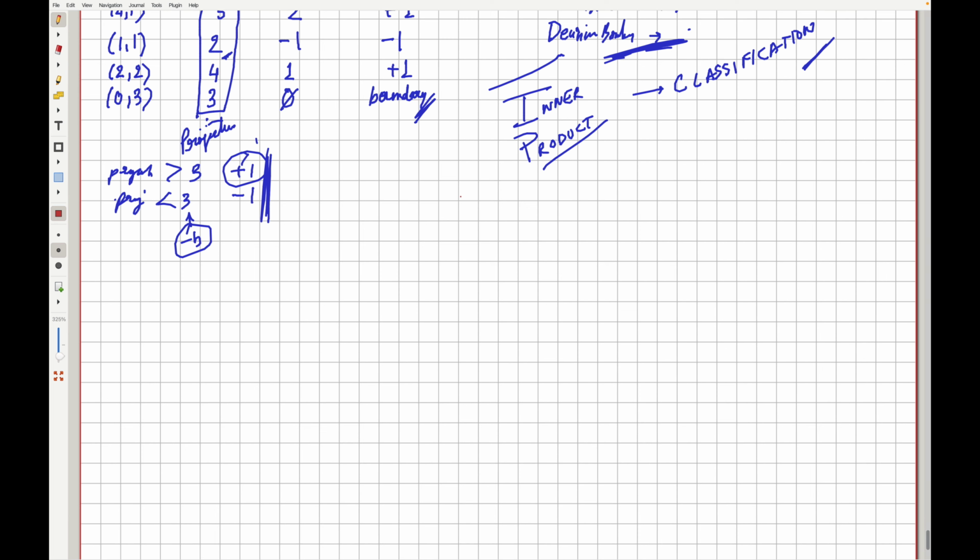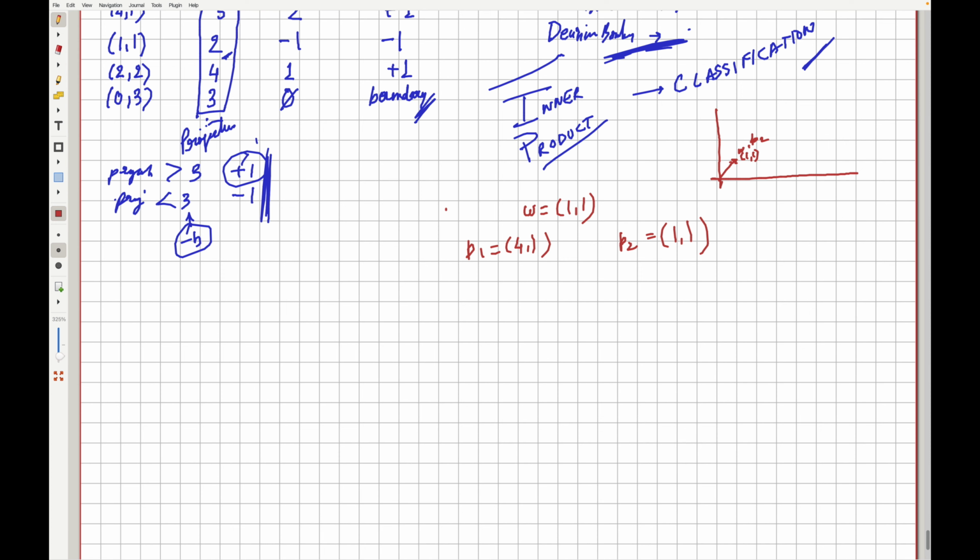So what I said was, if the dot product between two vectors is large, so let's say if we have W that is 1 1, and if we have a vector P1 that is 4 1, and we have another vector P2 that is 1 1, if I plot this here, we see that 1 1 is the weight vector W, and P2 would overlap on that, so P2 would be right on top of the weight vector.